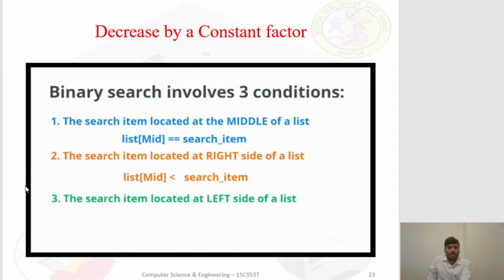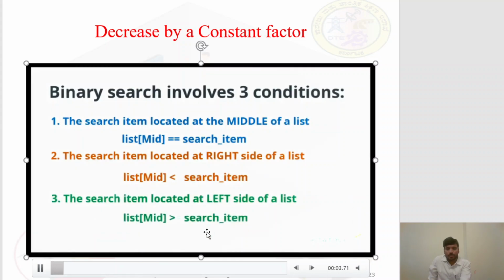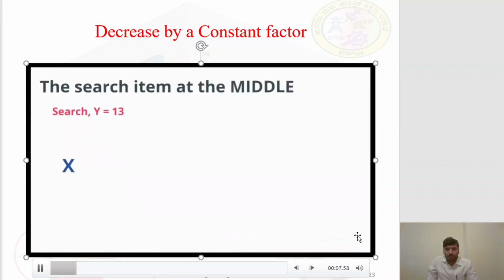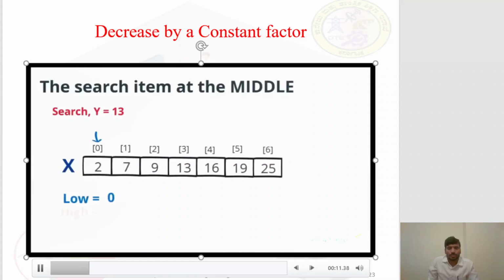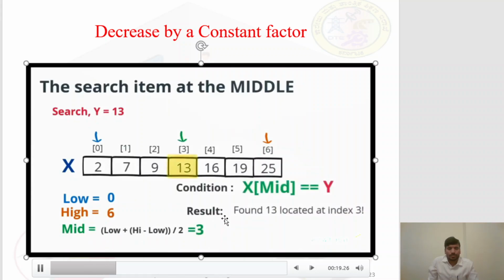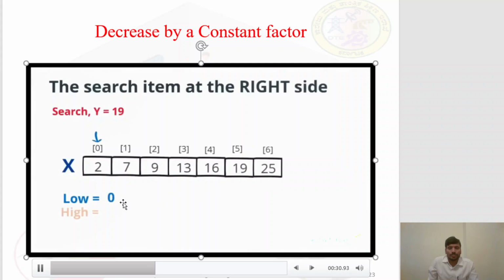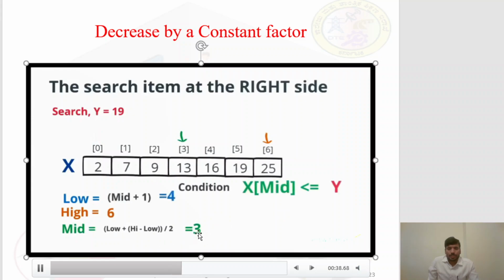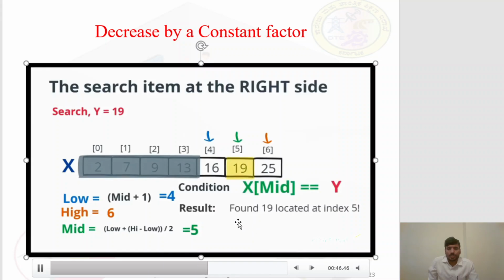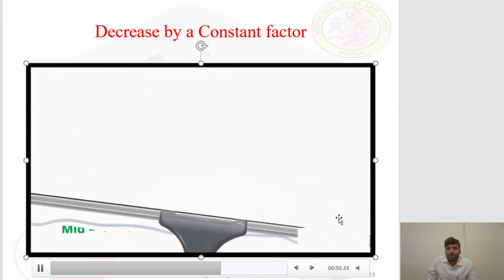Here, let me revisit this through a video. Mid is stated as low plus high divided by 2, that is now mid is 3, and location found, that is found at location 5.